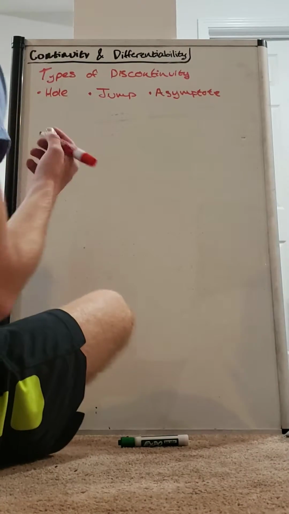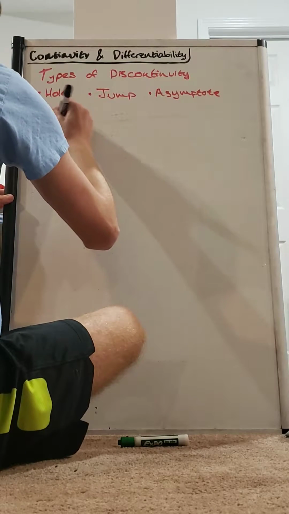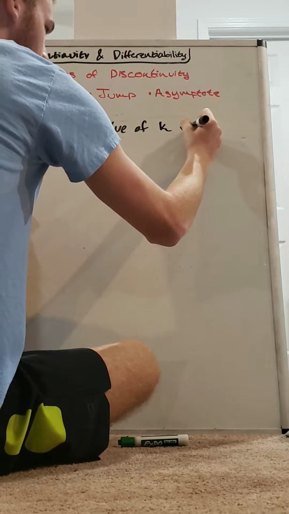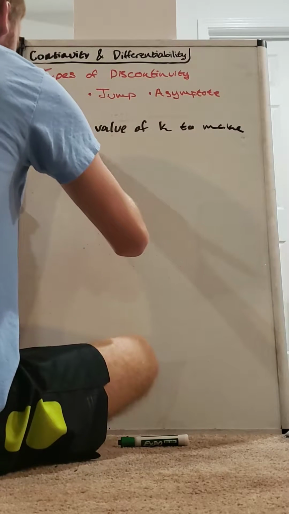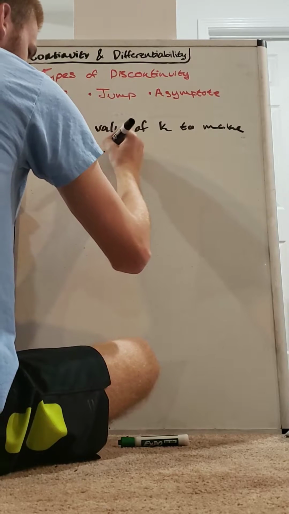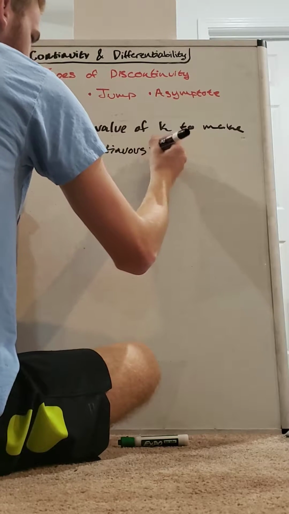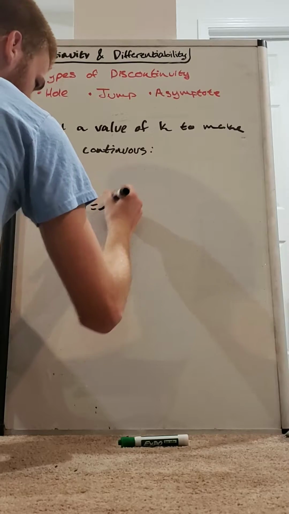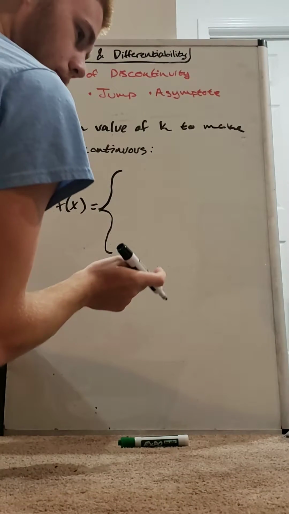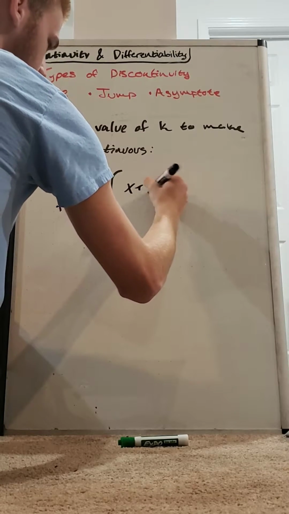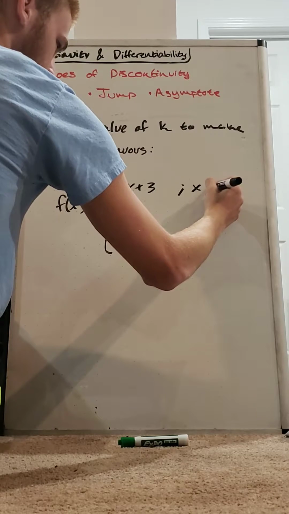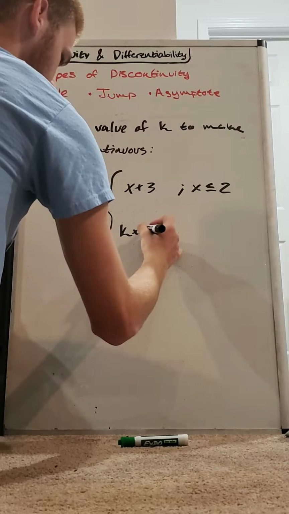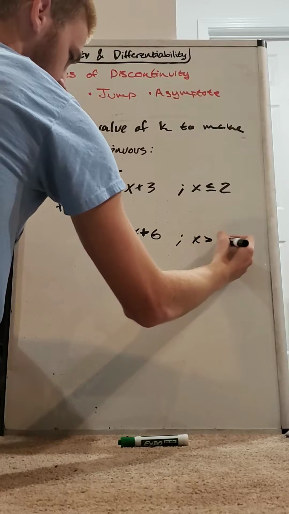Another one is: if you're asked to find a value of k to make some function continuous, and you're given x plus 3 for x less than or equal to 2, and kx plus 6 for x greater than 2.